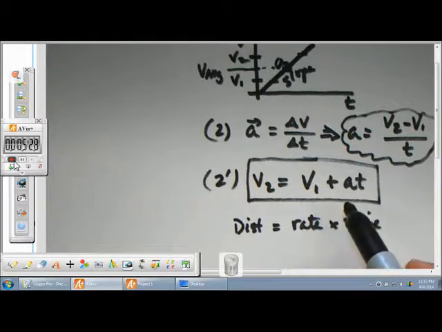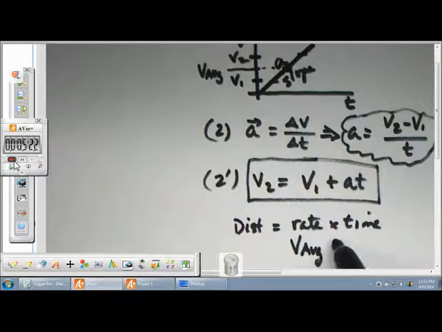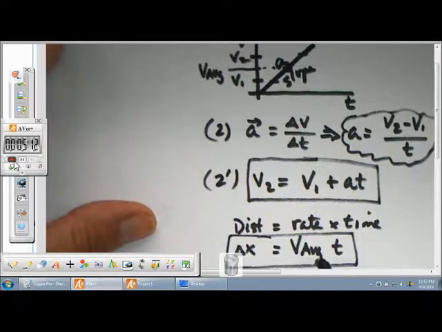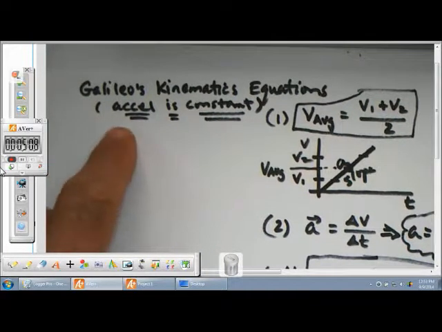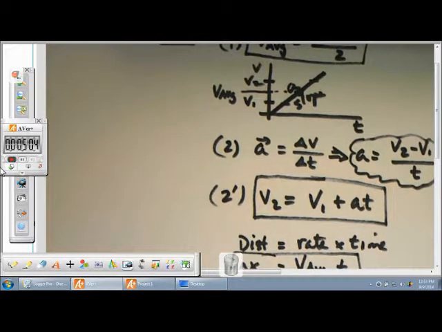But that only works if we're putting our rate being the average velocity there times the time. So distance, rate times time, that's a good formula right there. Average velocity assumes, in this case, that this motion is still constant acceleration.